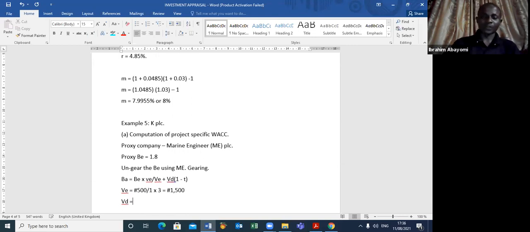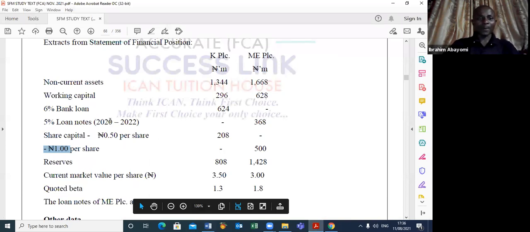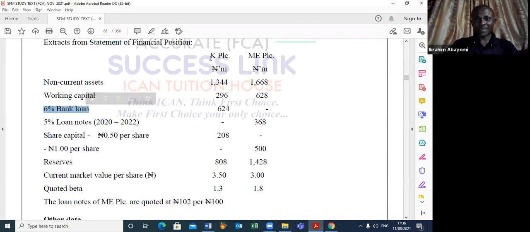What about debt? What is the market value of debt of MEPSC? I go to the information of MEPSC. What type of debt is MEPSC having? The bank loan is for KPSC. The 5% loan note, which is redeemable in 2022, is for MEPSC.